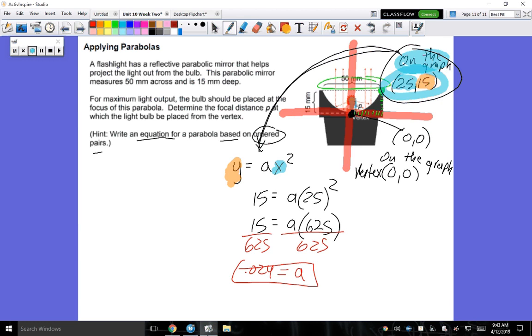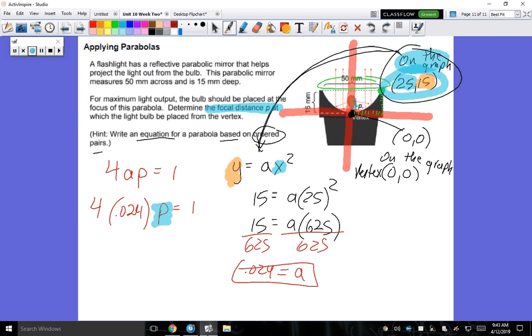So that's that value there. So if a is equal to 0.024, we can now move over to 4ap is equal to 1. So 4 times 0.024 times p is equal to 1. And remember, we're trying to find p. We're trying to determine that focal distance from the vertex. Okay?